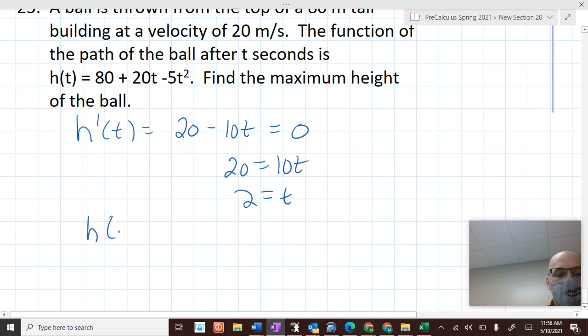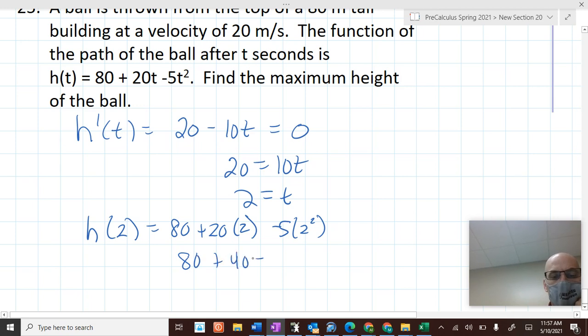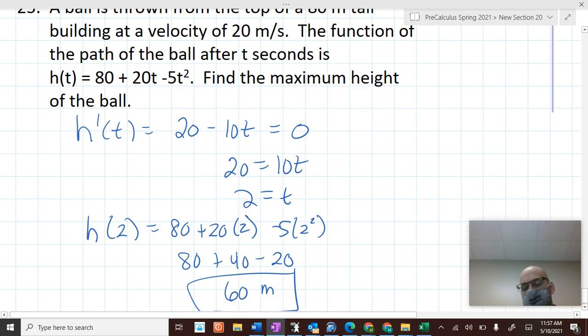Well, find h of 2. 80 plus 20 times 2 minus 5 times 2 squared. So this is 80 plus 40 minus 20, which is 60 meters. Yep, that's it. We're not finding all that other stuff.